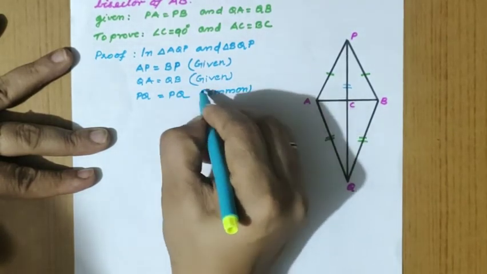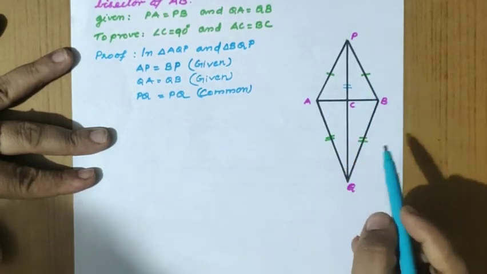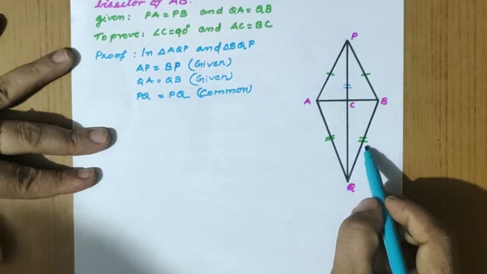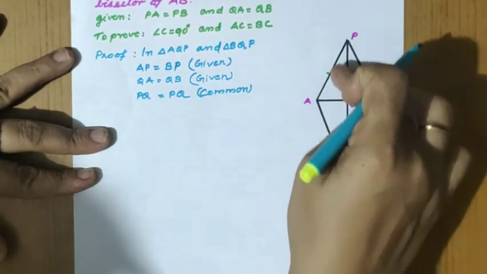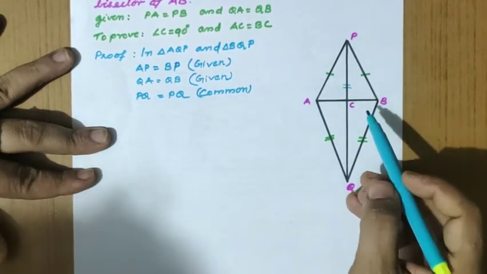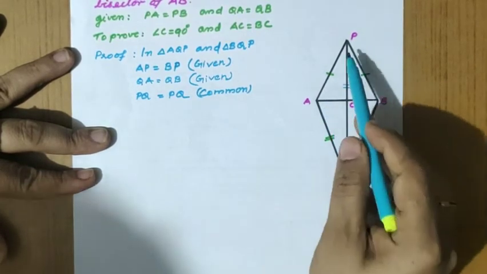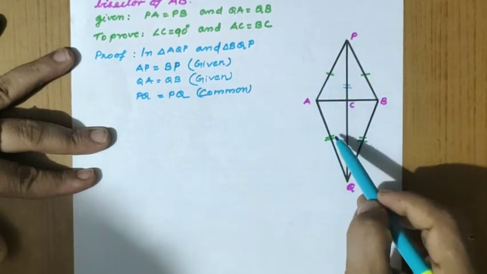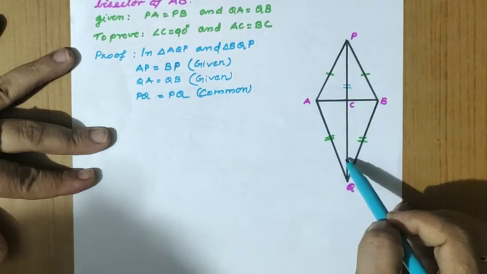See again, all of you. AP we have already marked. AP and BP are the first equal sides. QA and QB are the second equal sides. Now when we are considering AQP or APQ, the triangle name is told a different way, but the triangle is the same. In AQP, the first equal side we have considered, the second equal side we have considered. We don't have any information regarding angles.